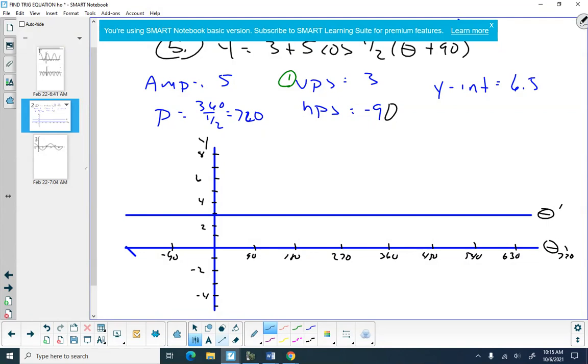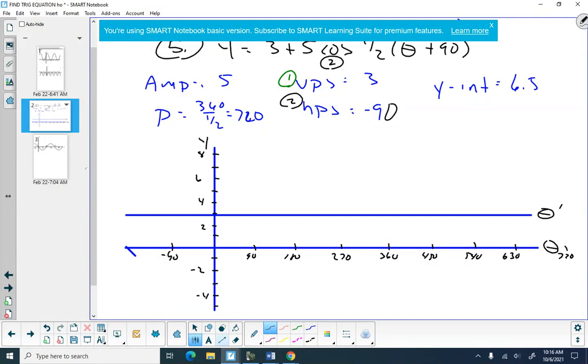Second thing, we take a look at our horizontal phase shift, our theta start value, and our trig function. It tells us where to start our theta. And the trig function tells us whether to start at peaks and valleys or on the prime axis.